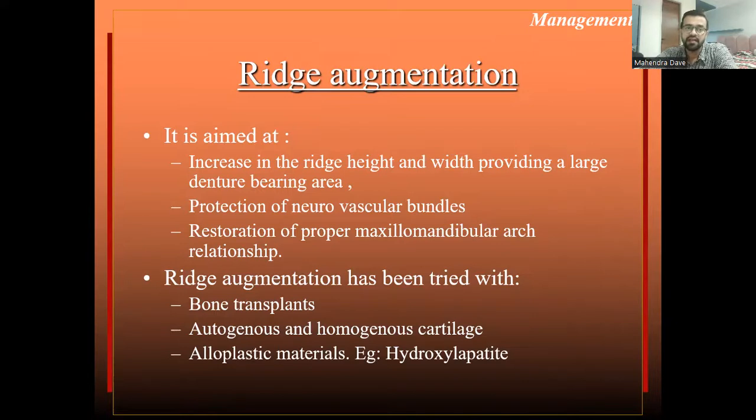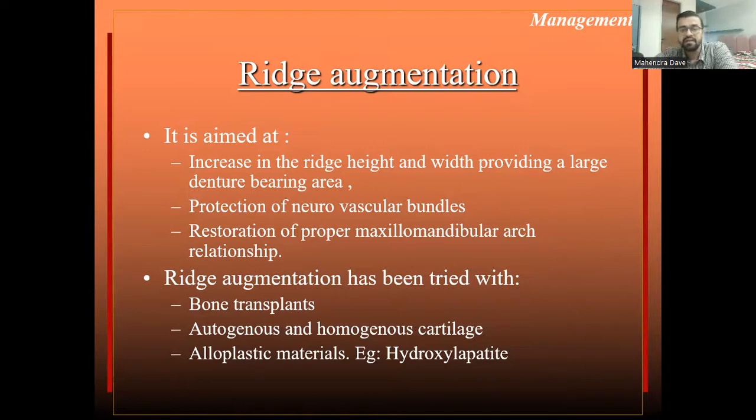Why is it done? It is done to increase the ridge height and width, providing a large denture bearing area, protection of neurovascular bundles, and restoration of proper maxillomandibular arch relationship. These are the usually desired aspects of ridge augmentation.